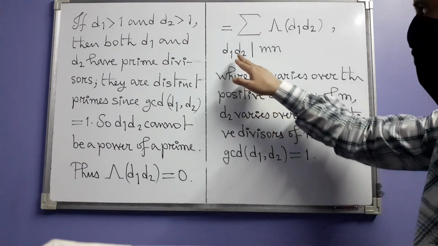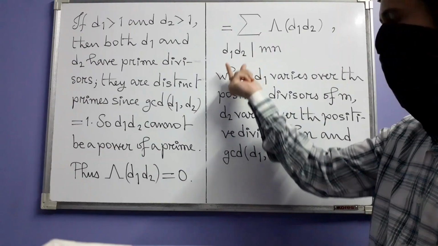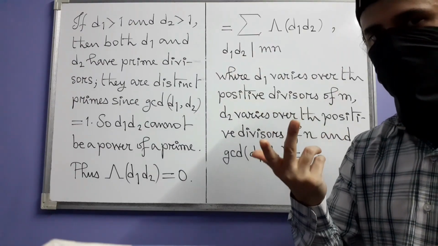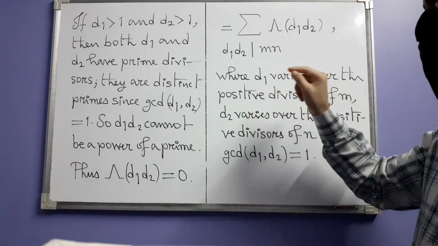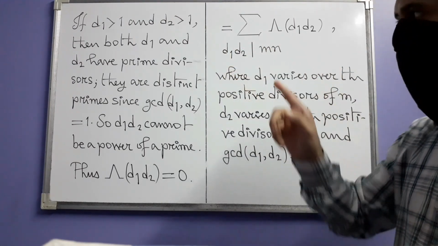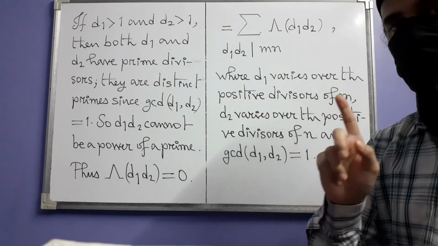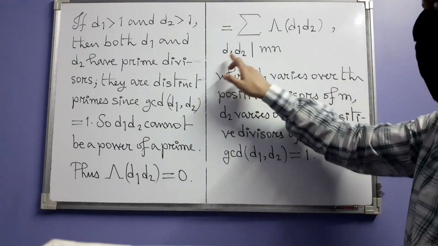It means that we do not have to consider those terms which correspond to d1 d2 where both d1 and d2 are greater than 1. That means we just have to consider those terms where either d1 is equal to 1 or d2 is equal to 1 or both of them are 1.